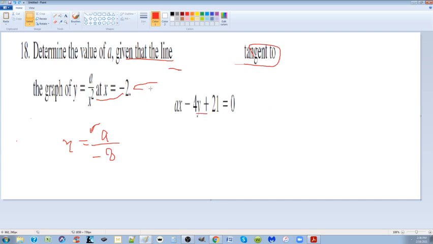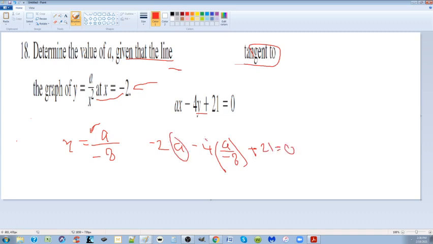So I'm going to replace x with minus 2 times minus 2. And I'm going to replace my y with what I discovered here, a over minus 8. And plus 21 is equal to 0.